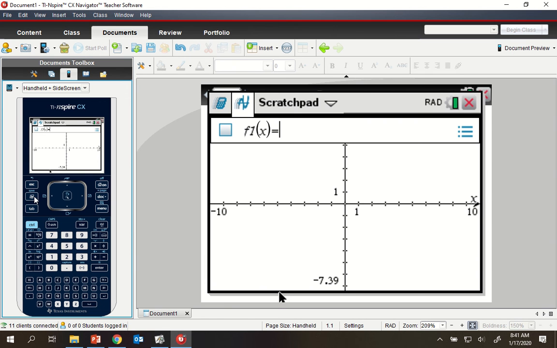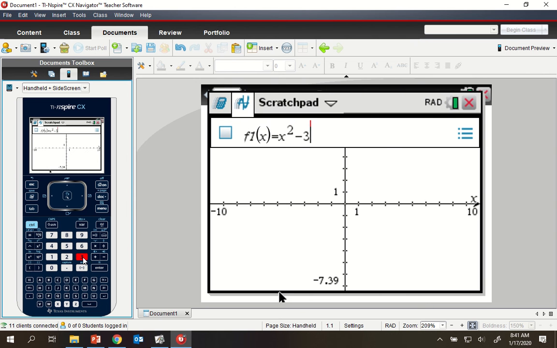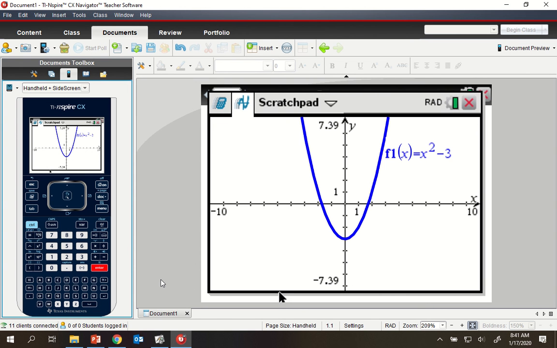And here's my graph. So now, given my graph, what was the function? What was my original function? X squared minus 3, right? Okay, so let's take a look. Let's plug it in. X squared minus 3, hit enter. Yes? Okay, good.